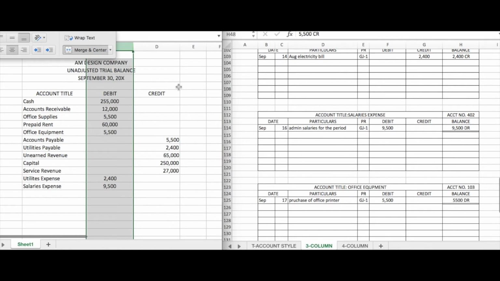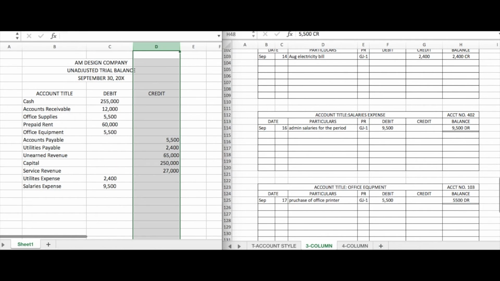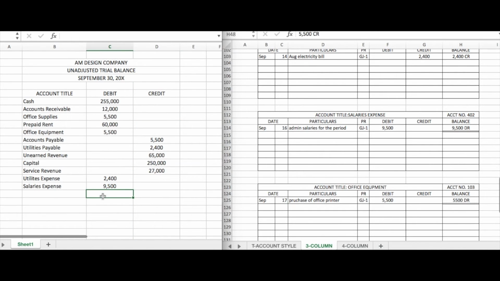Okay, let's make this beautiful. So let's have it centered. Right. So one formula that you can use in Excel, so the advantage of online learning is you can now use Excel, that is if your teacher will not require you to do it manually. So instead of using your calculator, you can use the formula SUM. Open parenthesis, you highlight this one, meaning it tells Excel to add all the amounts in that column.